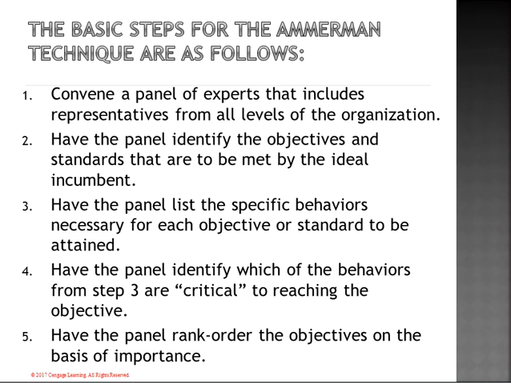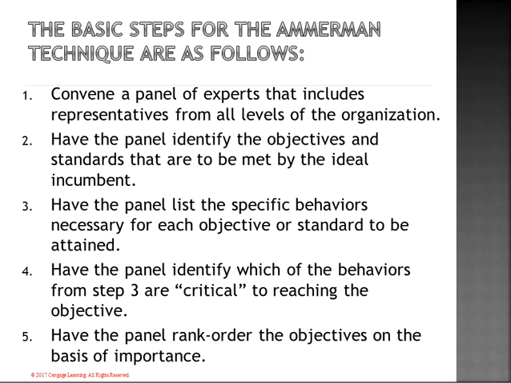Three, have the panel list the specific behaviors necessary for each objective or standard to be attained. Four, have the panel identify which of the behaviors from step three are critical to reaching the objective. And step five, have the panel rank order the objectives on the basis of importance.